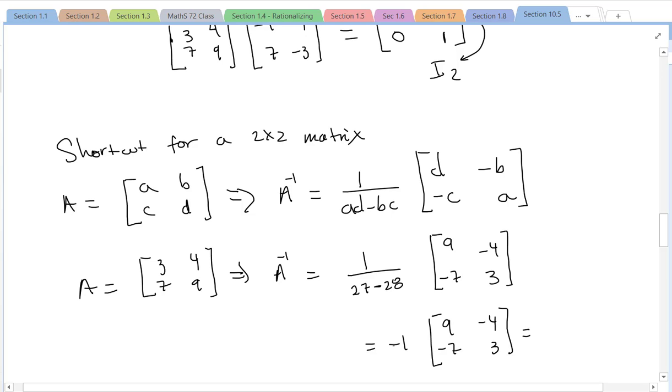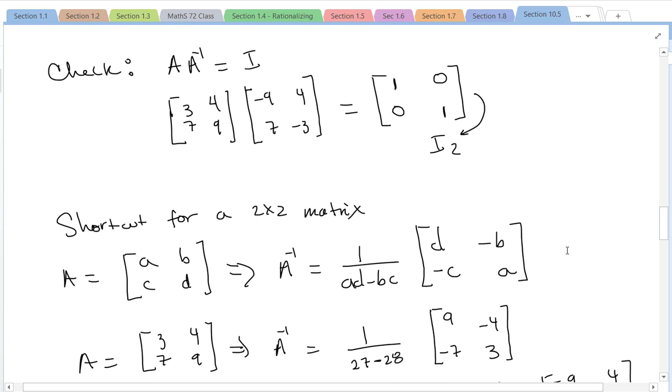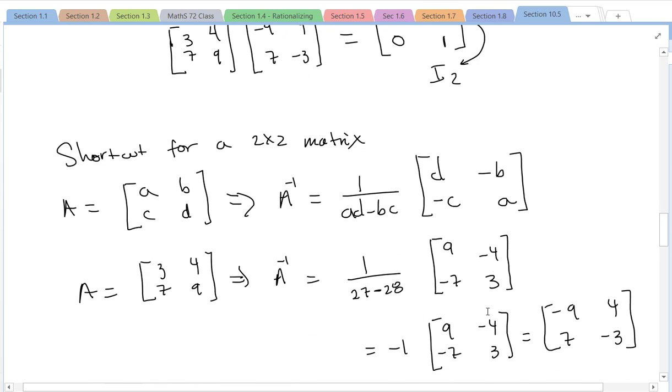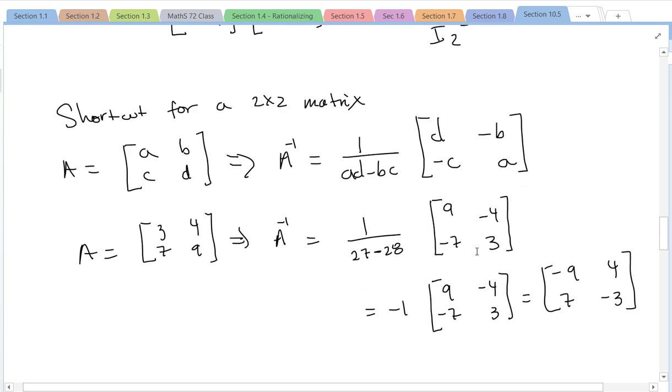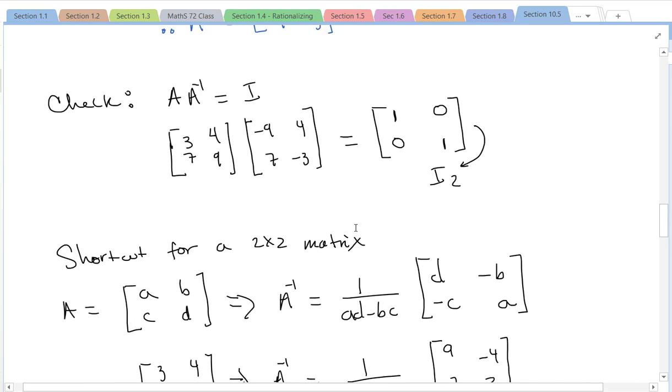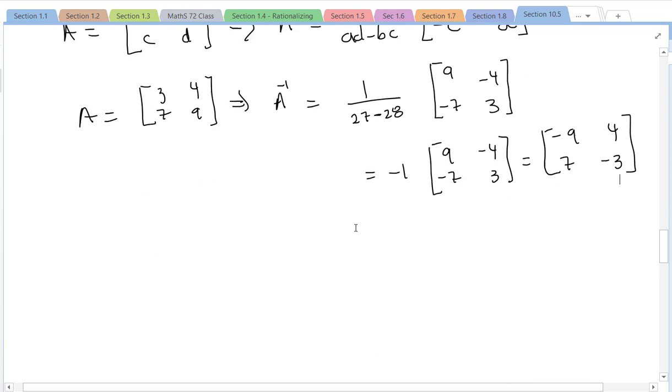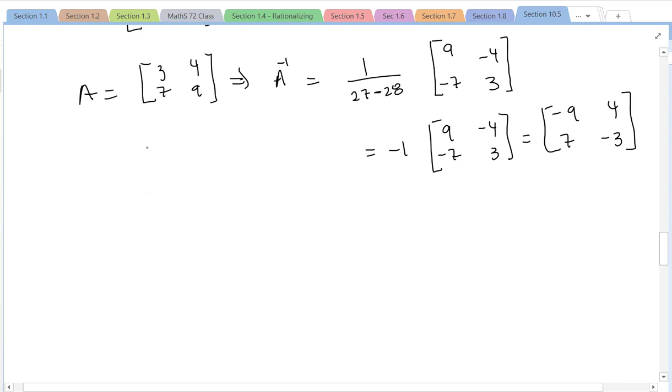And when you put a constant outside of a matrix, you can just multiply each entry by that constant. So I get negative 9, 4, 7, and negative 3, which is what we got doing it the long way. So for a 2 by 2, this makes it a lot nicer, but unfortunately we don't have a shortcut. Well, we do have a shortcut for larger matrices, but that's not until a few more sections.